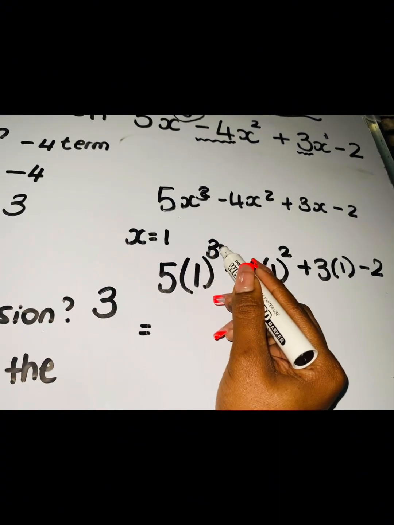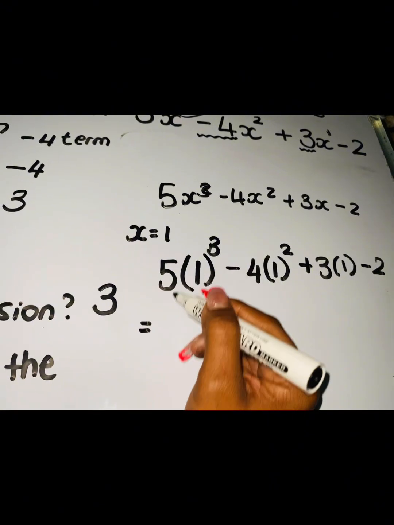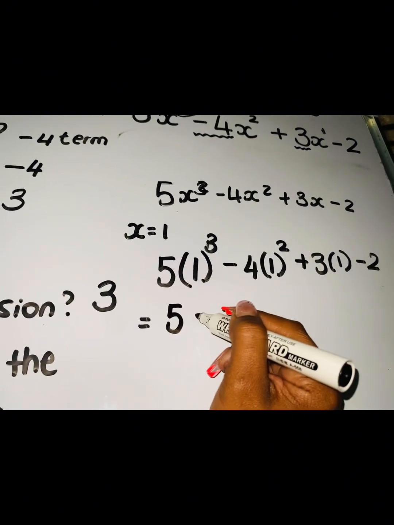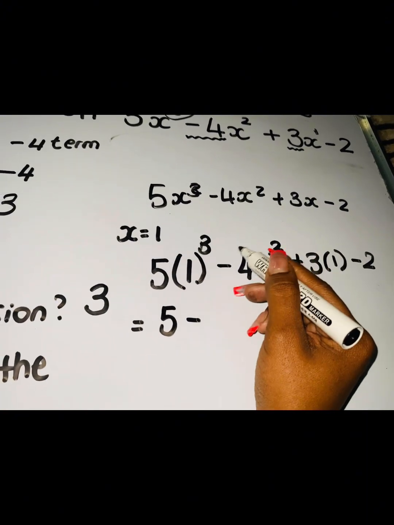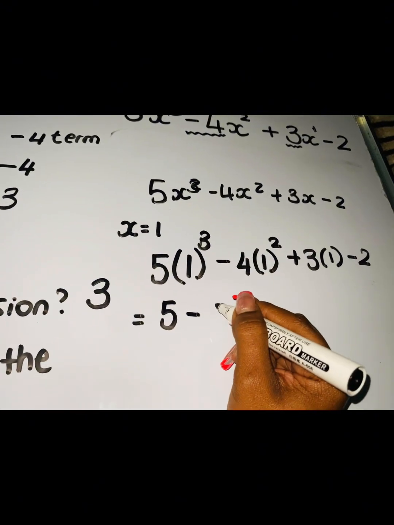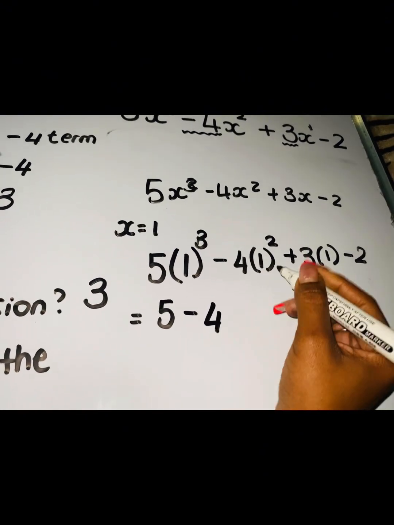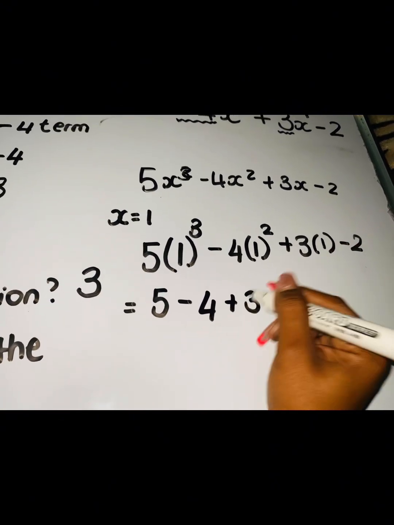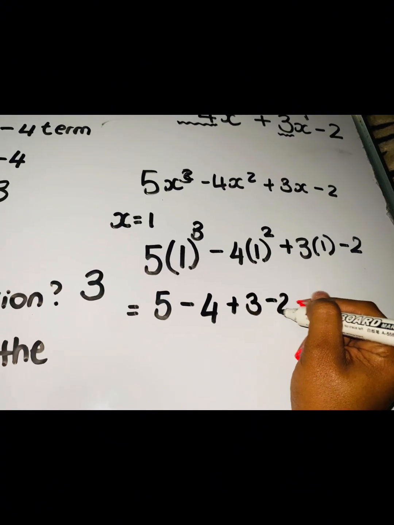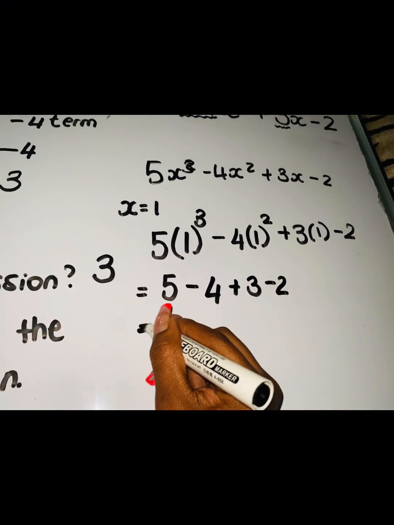So 1 cubed is equal to 1. So 1 times 5 is 5. Minus 1 squared is equal to 1. 1 times negative 4 is still negative 4. Plus 3 times 1 is 3 minus 2. Then you know with addition you go from left to right.